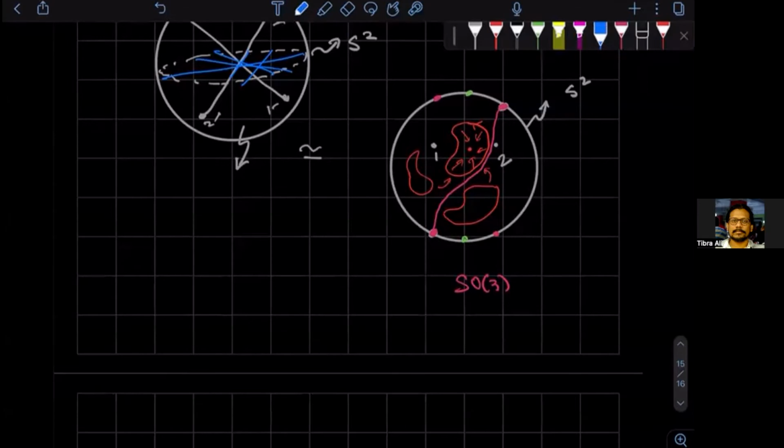However, on the other hand, if you have a loop which is coming out, say, from here, going here, then that loop will come out here and go here, right? The blue loop. Now, the blue loop, if you bring these 2 points close to each other, then these 2 points will also come close to each other. And the blue loop can become a loop like that, and then we can deform it into a point.